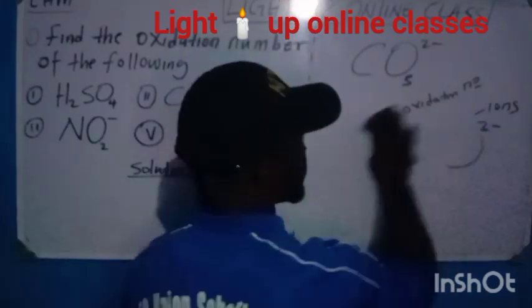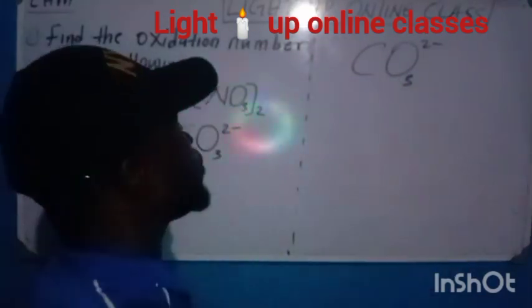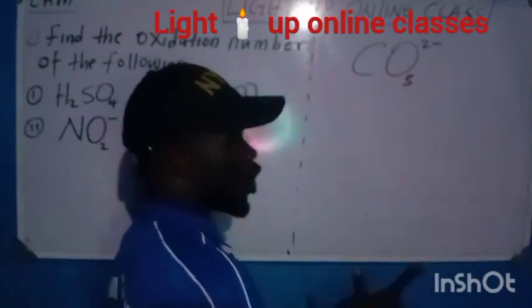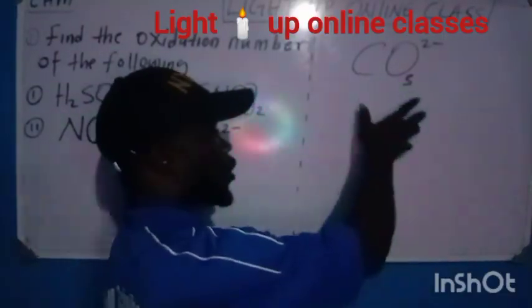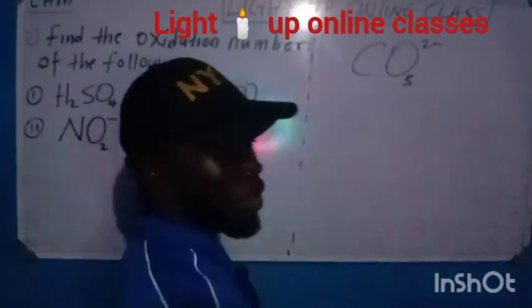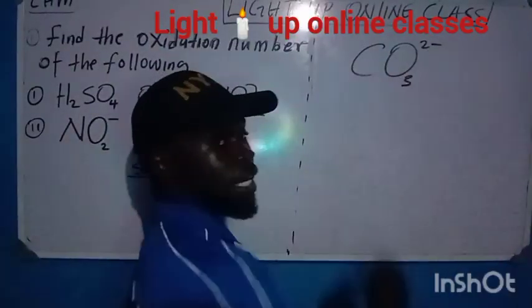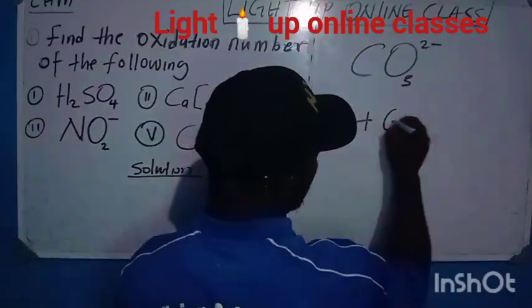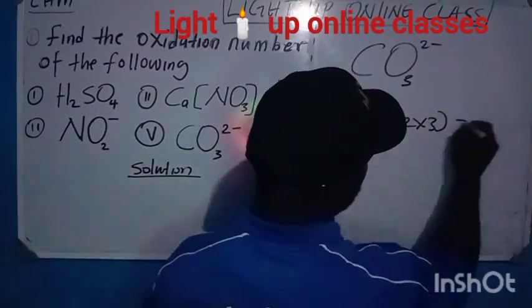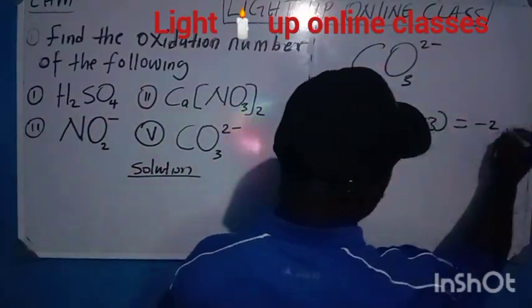All right, so now to find the oxidation number of carbon in this compound, recall that this is an ionic compound. So the sum of the oxidation numbers of all the elements here will be equal to the charge. So that will be carbon plus -2 times 3 equals the charge, which is -2.